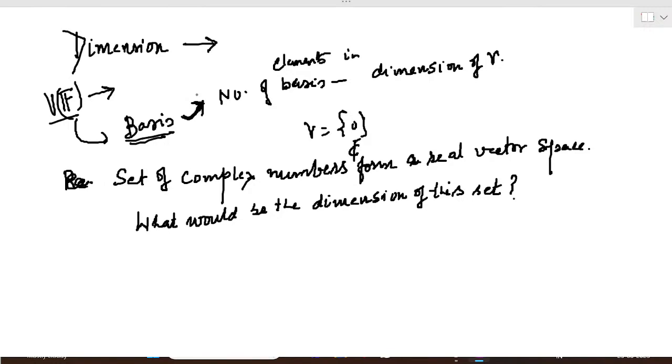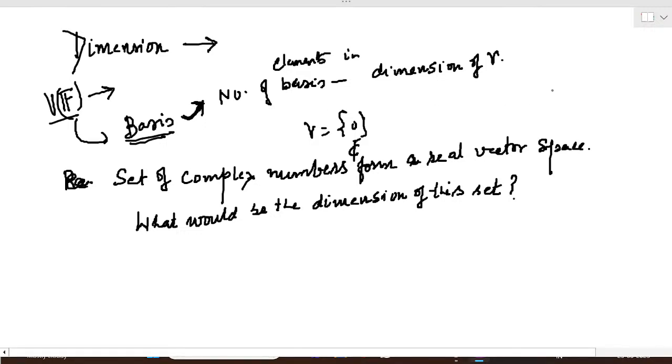Okay. So what do you think the dimension of the set of complex numbers would be? I told you that in order to generate a complex number, after all, what is a complex number? You can just think of it like R square only, no?